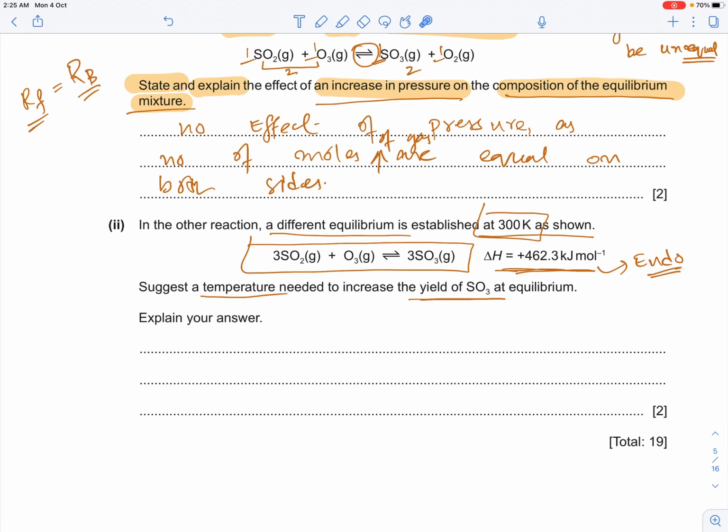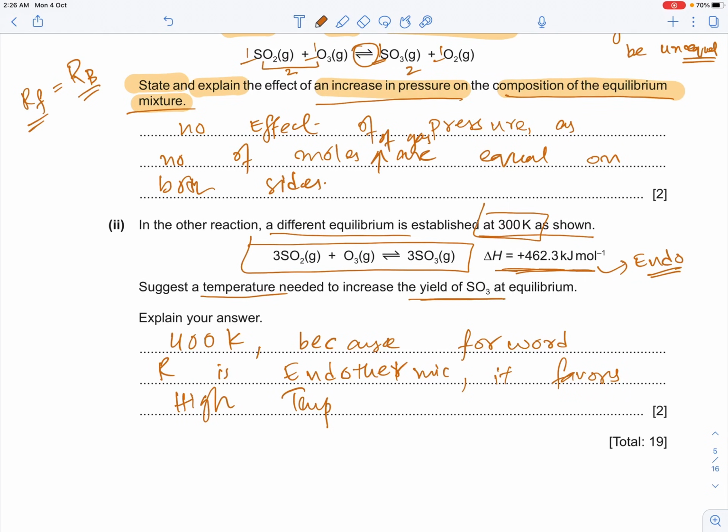So the temperature would be any temperature higher than 300 K. So we can say 400 K, because the forward reaction is endothermic, so it favors high temperature. All right, so this is it for question number 1.